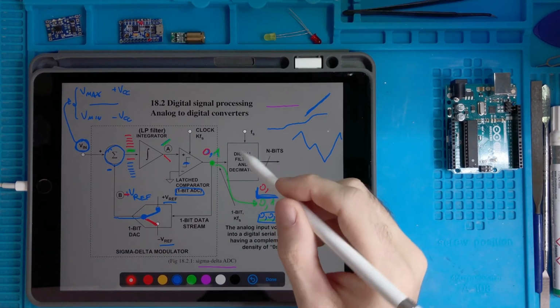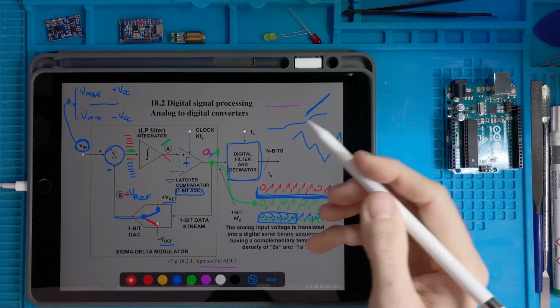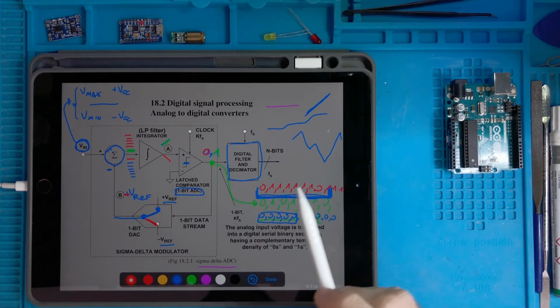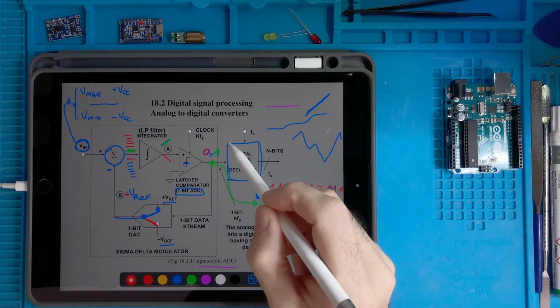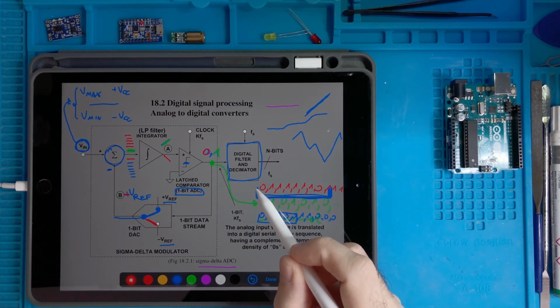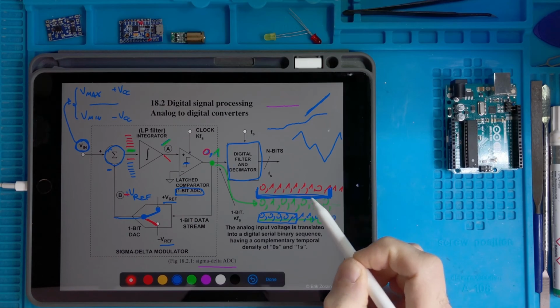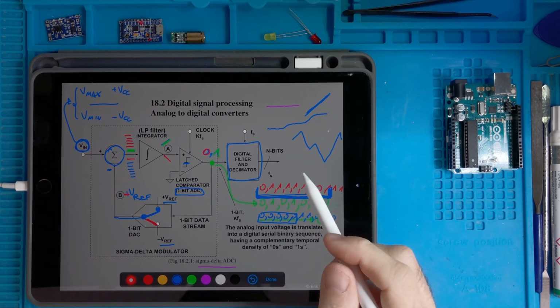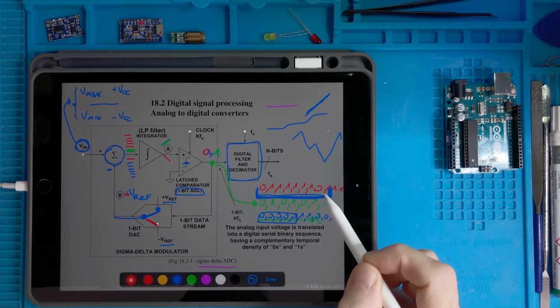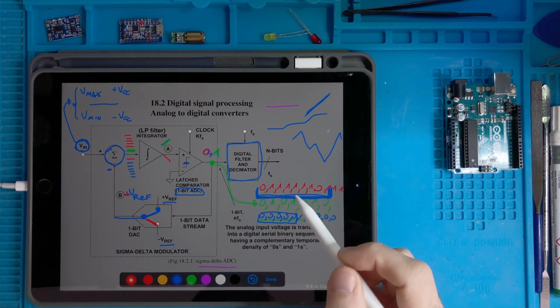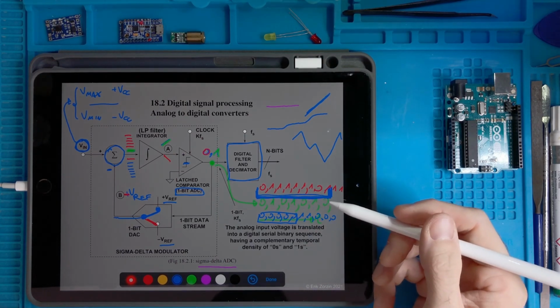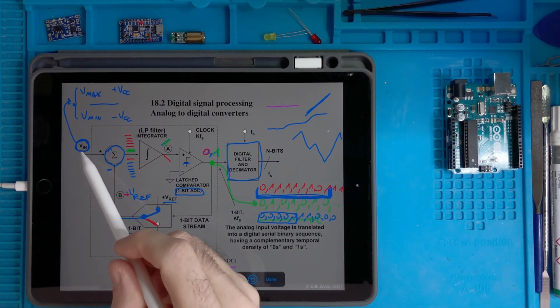Then this signal can be processed further by a digital circuit that, for instance, is able to put this into a memory and then decode this percentage of numbers into a binary number representing the value more appropriately.